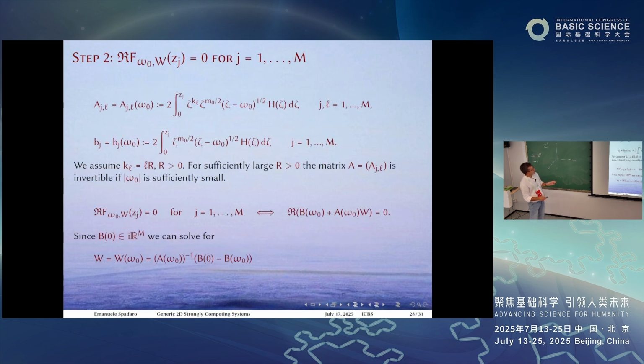And the linear system is written here. So in some sense, the real part of this primitive is 0 if and only if the real part of this vector B plus matrix A times W is equal to 0.